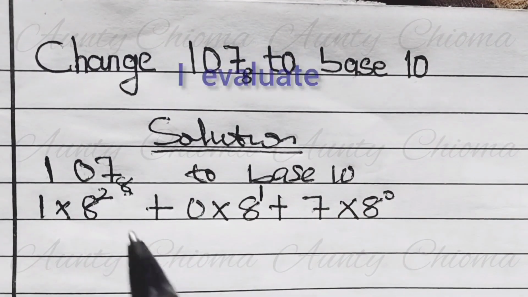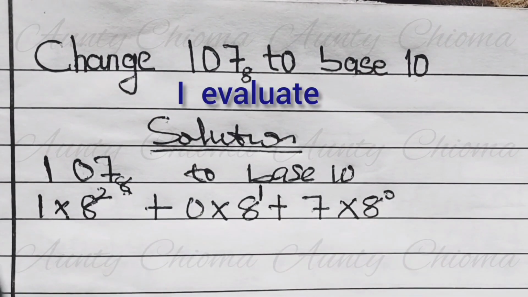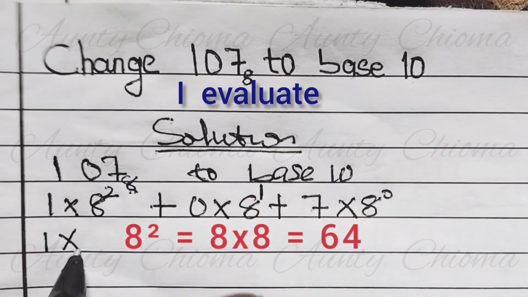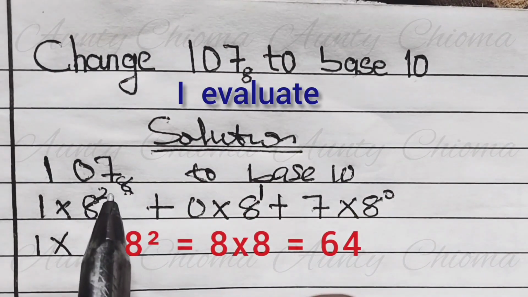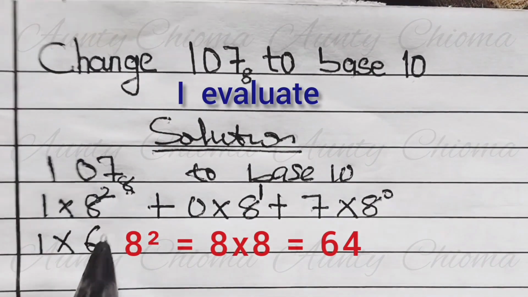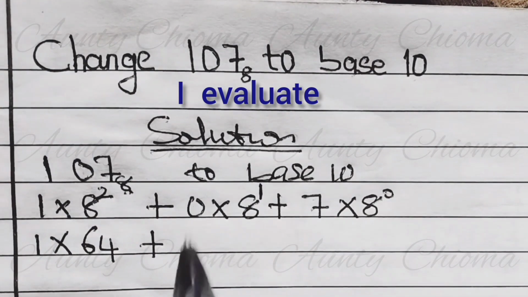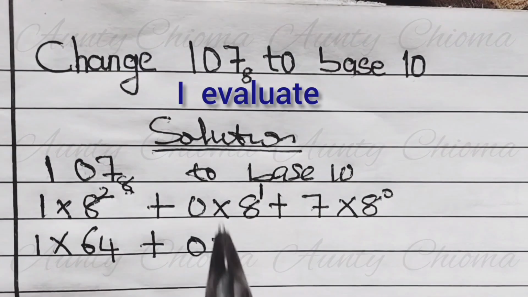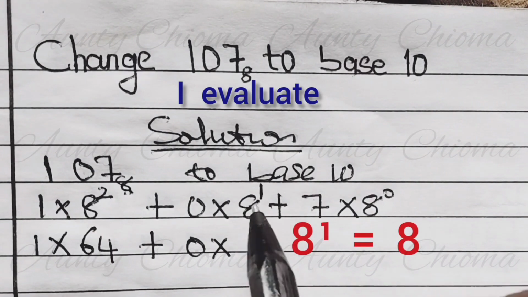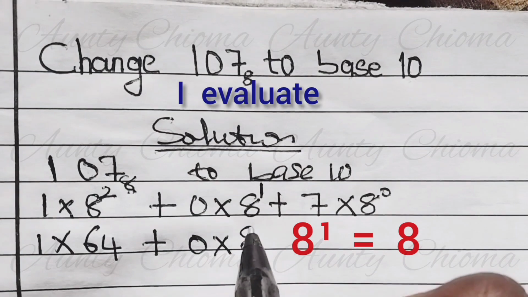Next, I evaluate these bases with these powers. I write down 1 times 8 raised to the power 2, which means 8 times 8 is 64. Plus 0 times 8 raised to the power 1, which means 8 one time is still 8.